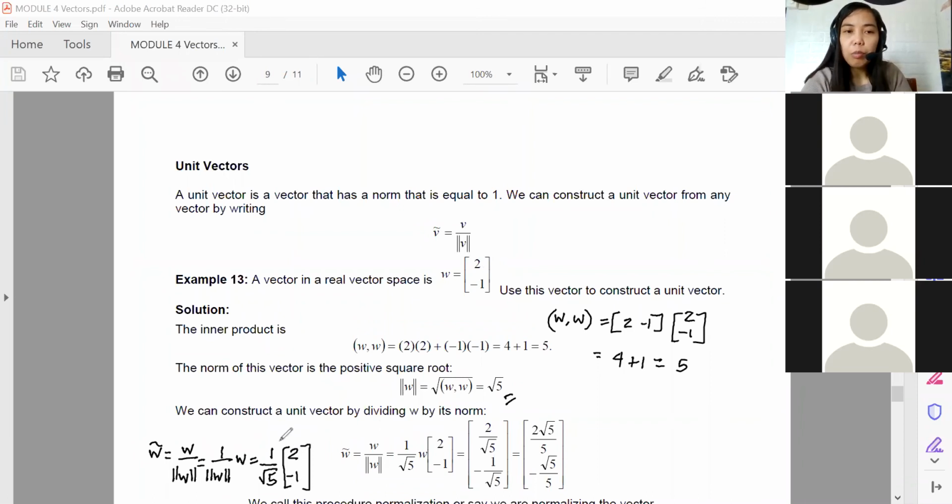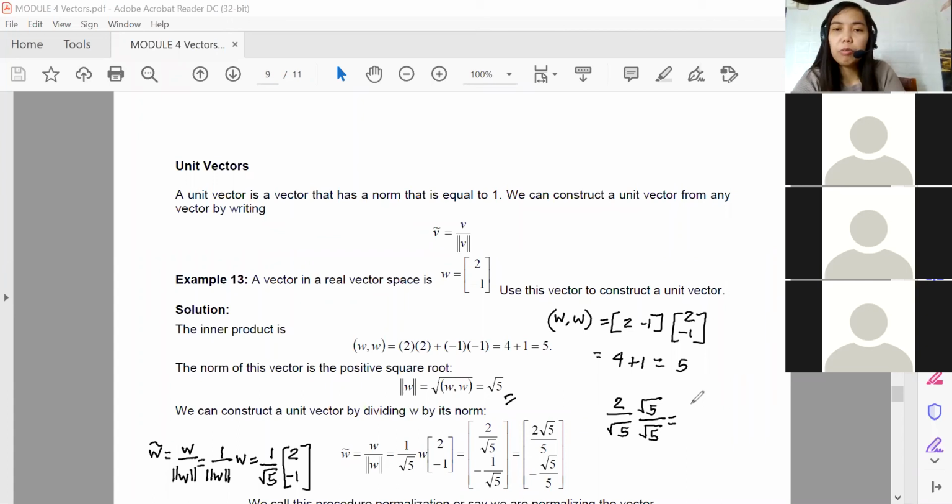And then, scalar multiplication, we're going to multiply each component by the given scalar. 2 multiplied by 1 over square root of 5, that is 2 over square root of 5. And then negative 1 times 1 over square root of 5, that is equal to negative 1 over square root of 5. And then we rationalize, right? Multiply the numerator and the denominator by square root of 5 para mawala yung radical symbol.